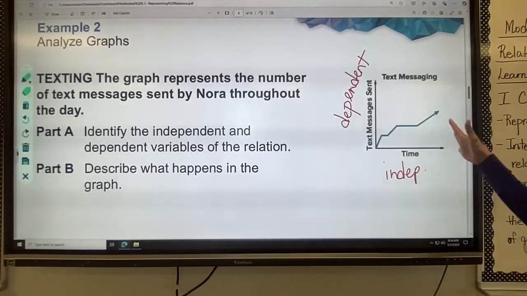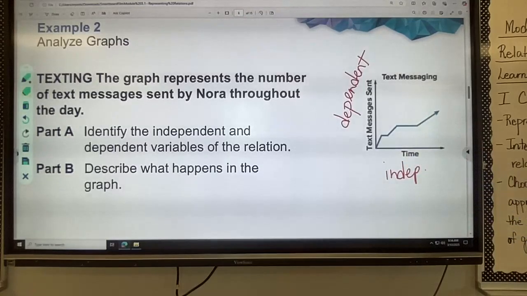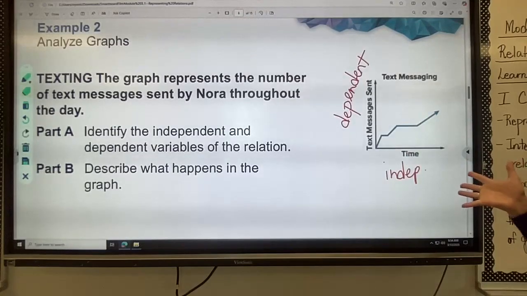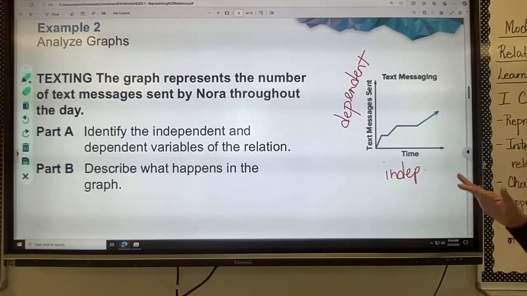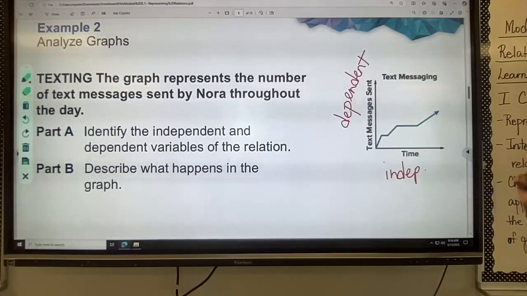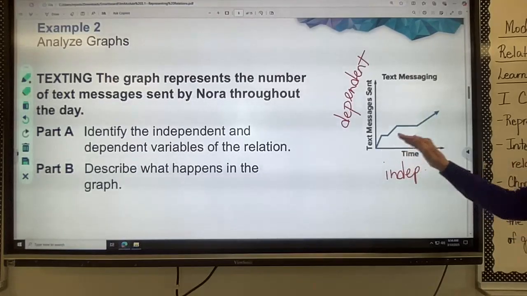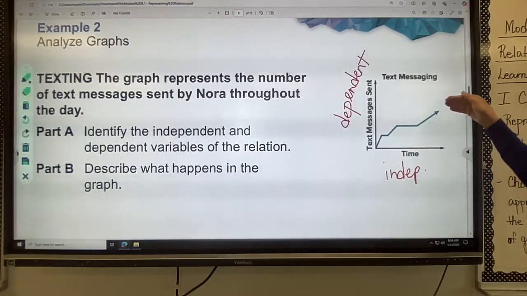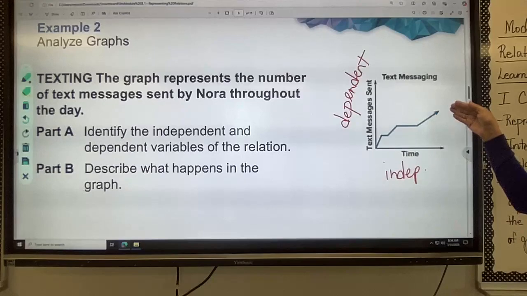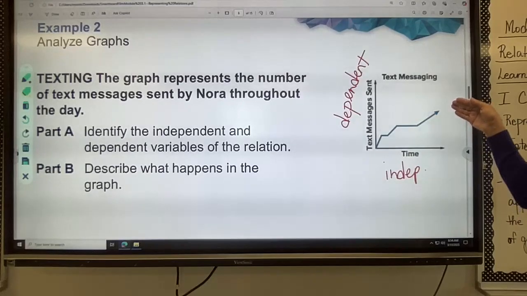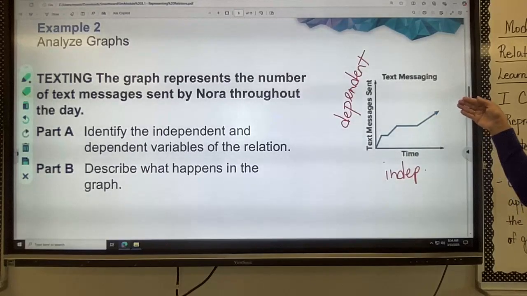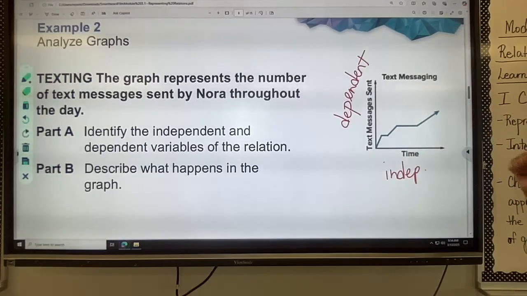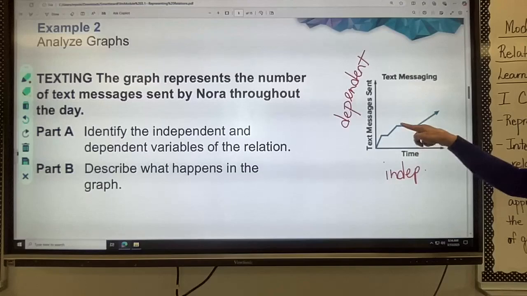What do you see over here? Okay, what is happening in the graph? So as you move from left to right along the graph, what do you see about the text messages? The time has increased, and the number of text messages sent increases until what happens here? It becomes a horizontal line.